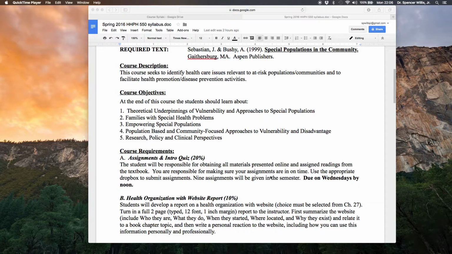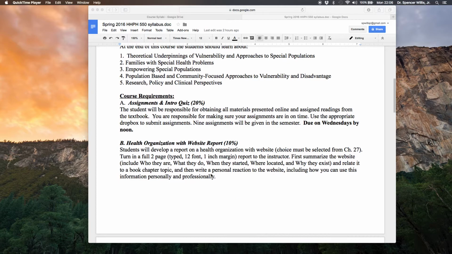If that's not the website, then you can always just Google APA, OWL, Purdue, and it should be the first couple of links that pop up. They give you information about in-text citations and also your reference page. So make sure you take advantage of those resources for APA, because you will have points deducted if you do not follow APA guidelines. And again, those assignments are due Wednesdays at noon.